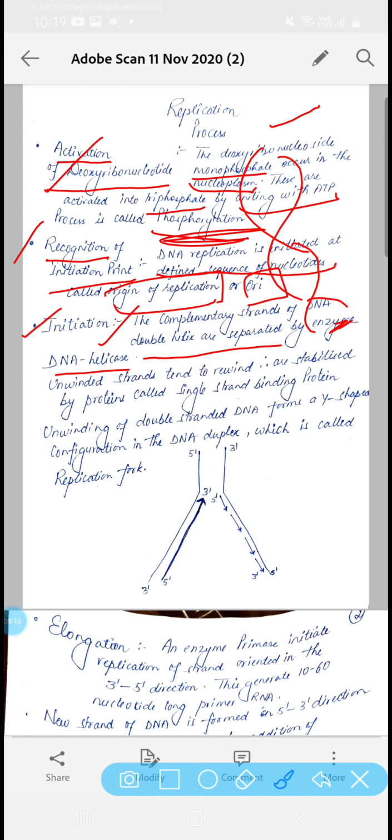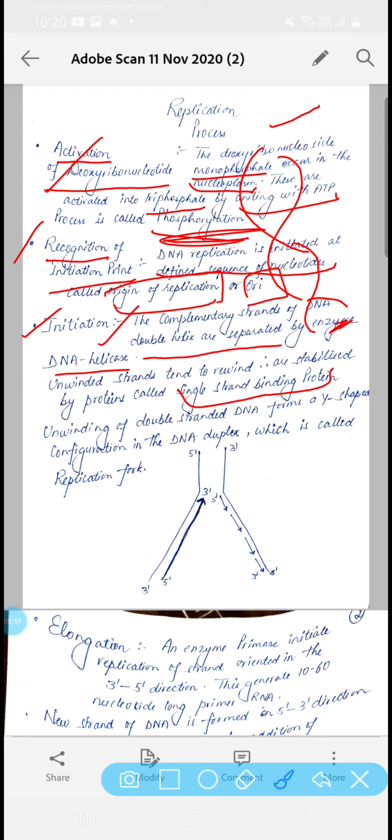सो ये जो अनवाइंडेड स्ट्रैंड्स होते हैं वो दोबारा से रीवाइंड होने की कोशिश करते हैं. सो यहाँ पर भी हम ऑलरेडी पढ़ चुके हैं कि उस टाइम पे दोनों अनवाइंडेड डीएनए स्ट्रैंड्स के साथ कुछ स्पेशल सेट ऑफ प्रोटीन्स आकर जुड़ जाता है जिनको हम बोलते हैं सिंगल स्ट्रैंड बाइंडिंग प्रोटीन.